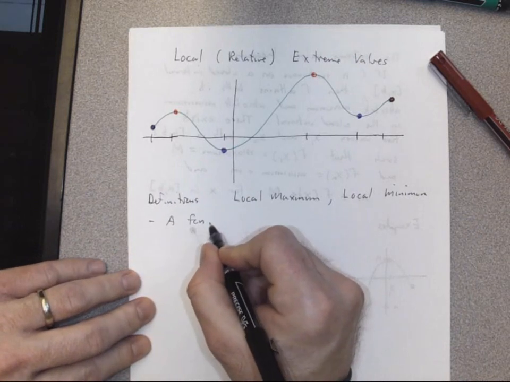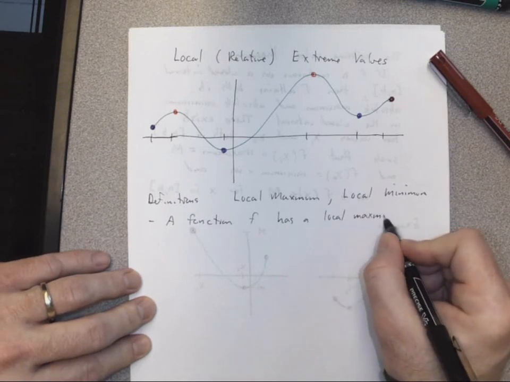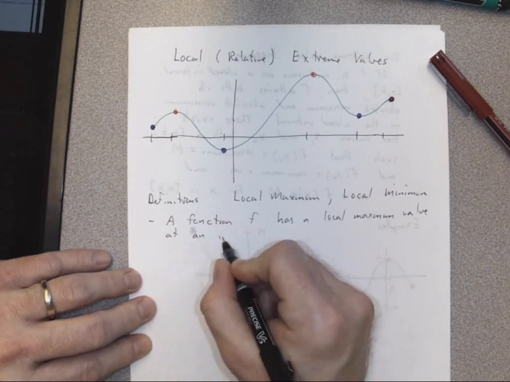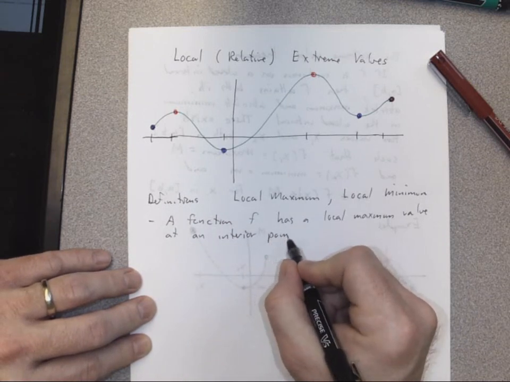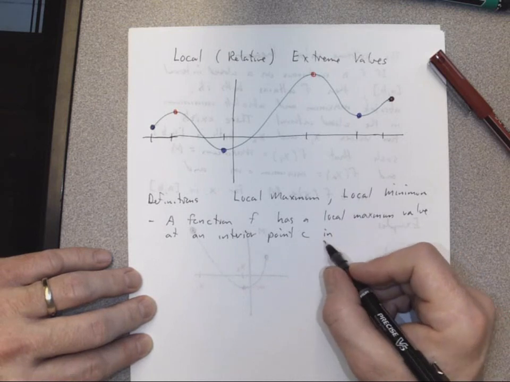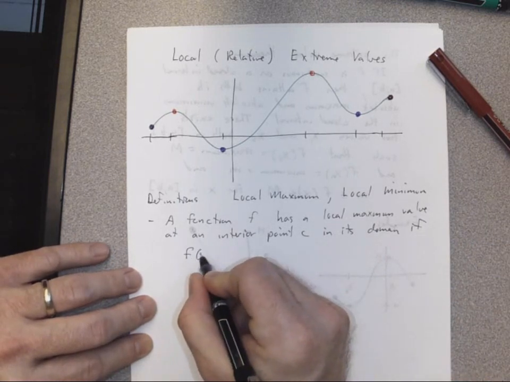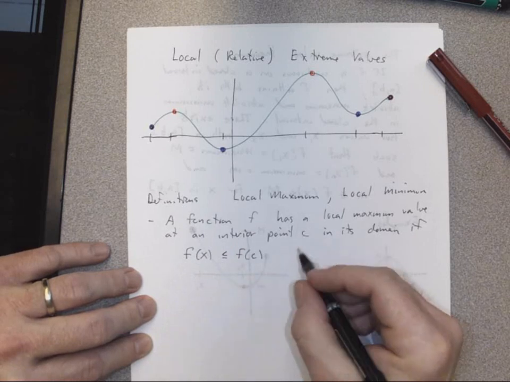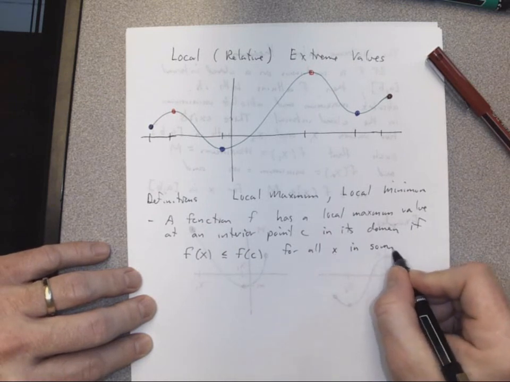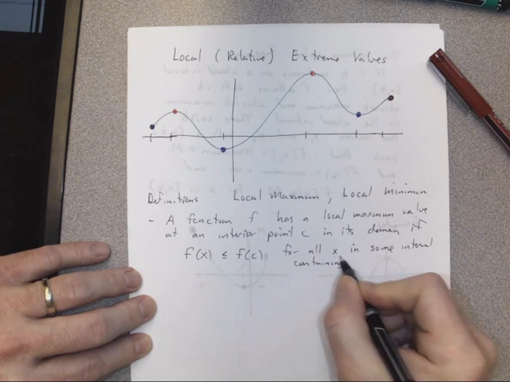So, a function f has a local maximum value at an interior point c in its domain if f of x is less than or equal to f of c for all x values in some interval containing c.